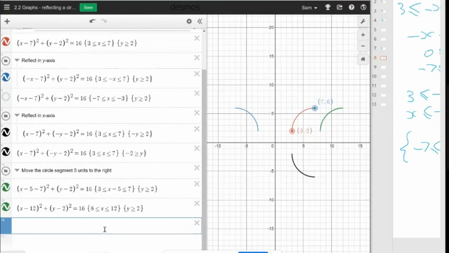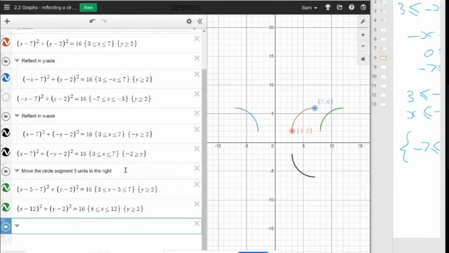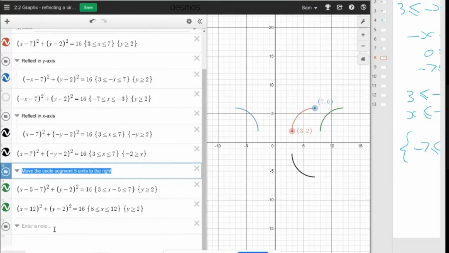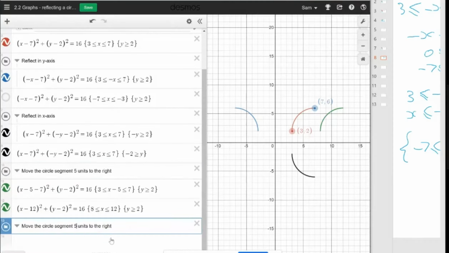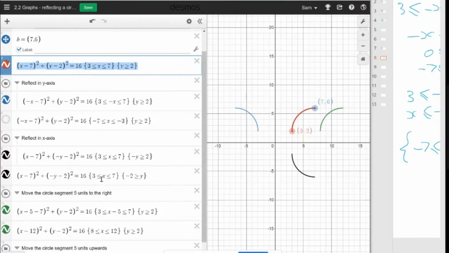Okay. While I'm at it, let's do a couple more things. We will move the circle segment 5 units upwards. My original function.